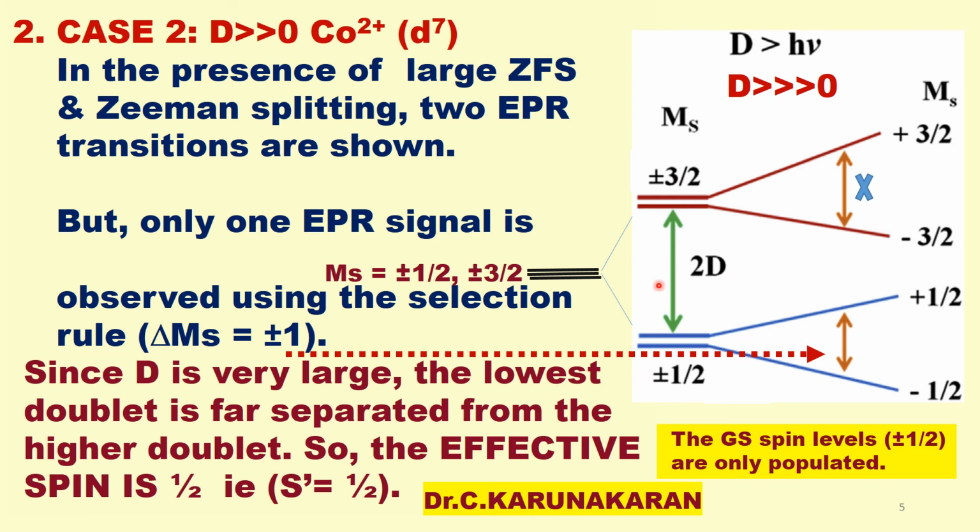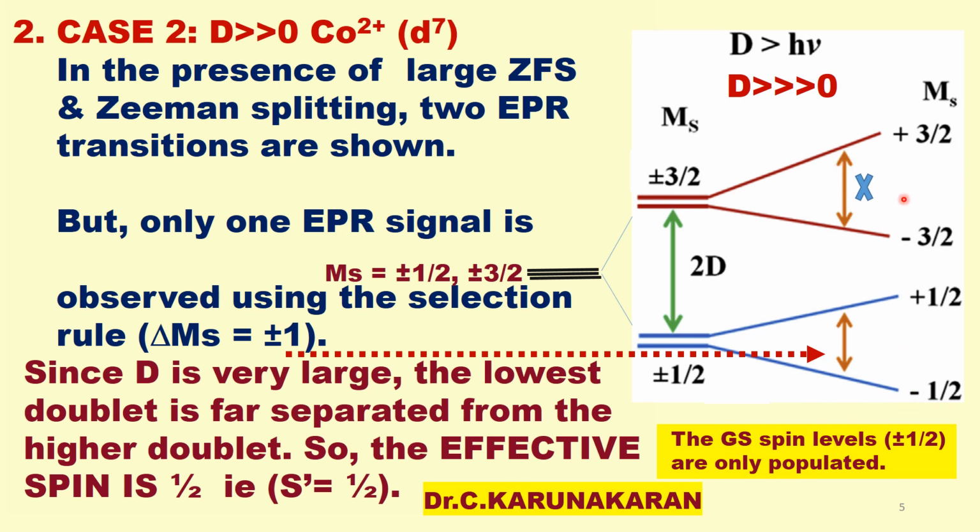So the minus 1 by 2, plus 1 by 2 doublet is independent of the minus 3 by 2, plus 3 by 2 doublet. Therefore, in this case the effective spin is S prime equal to 1 by 2. For cobalt 2 plus, although S equal to 3 by 2, because of large zero field splitting, the effective spin is 1 by 2. Therefore, there is only one transition.